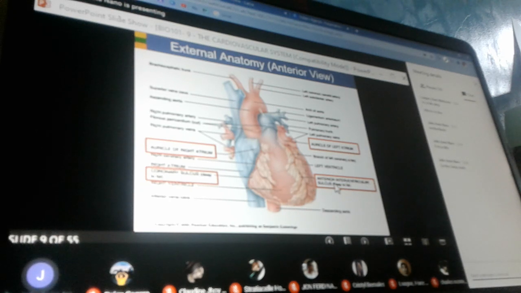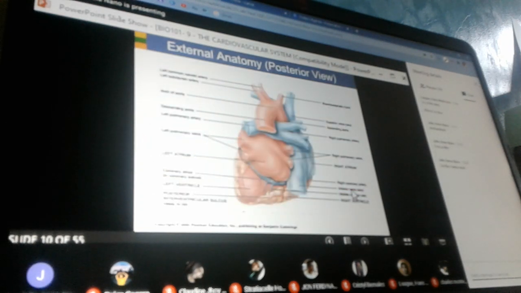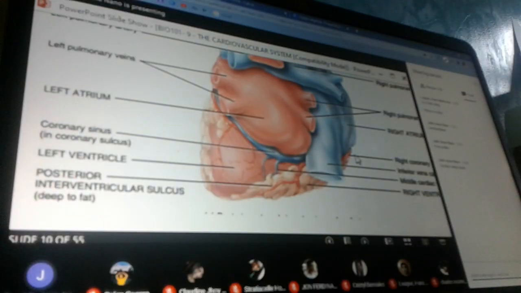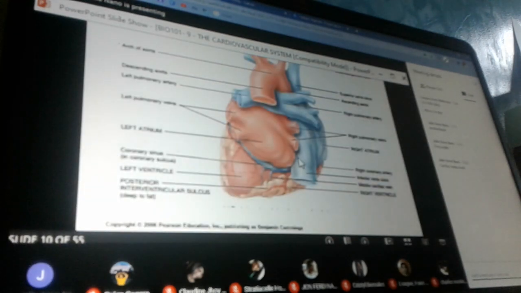Whereas itong si anterior interventricular sulcus natin, it separates yung ating right ventricle pati yung ating left ventricle. Okay? Hanggang dito, di ba, nakapalibot pa rin si sulcus natin. May groove siya, si sulcus.